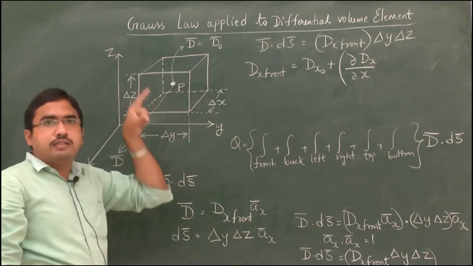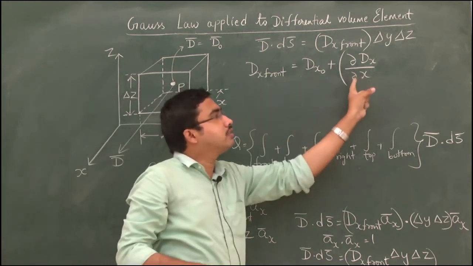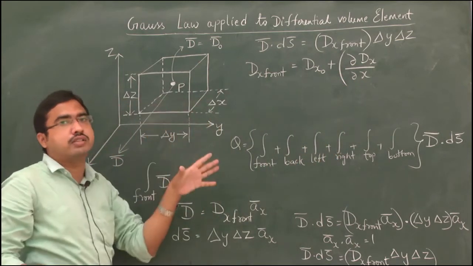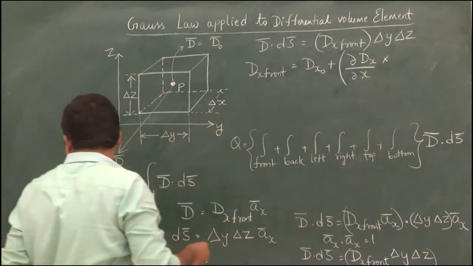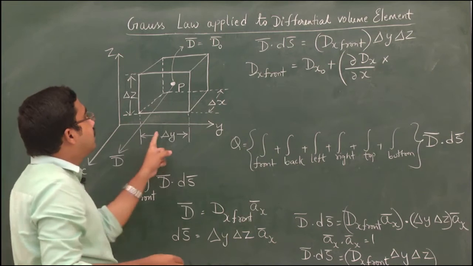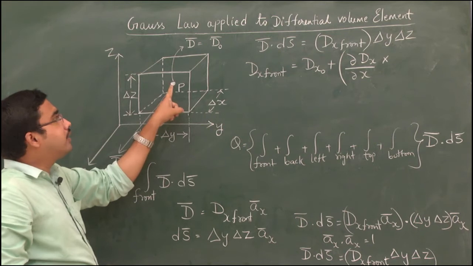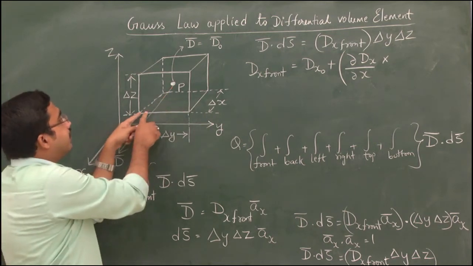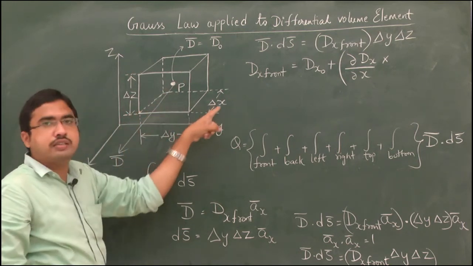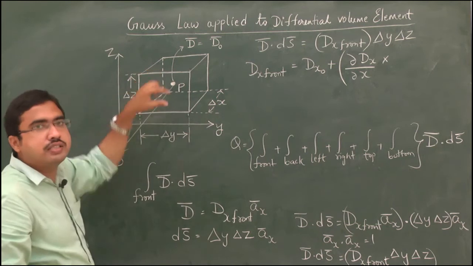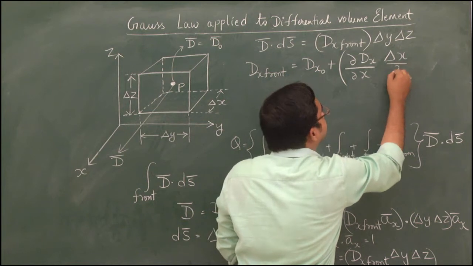As it is shrinking to 0, the rate at which the differential volume is shrinking is given by dou Dx by dou x. In which direction? X direction. Into what is the distance of the point? See, this point is exactly at the center of this differential volume. In the x side, from the starting point to this center point, the complete distance is delta x, and up to half of it is delta x by 2.